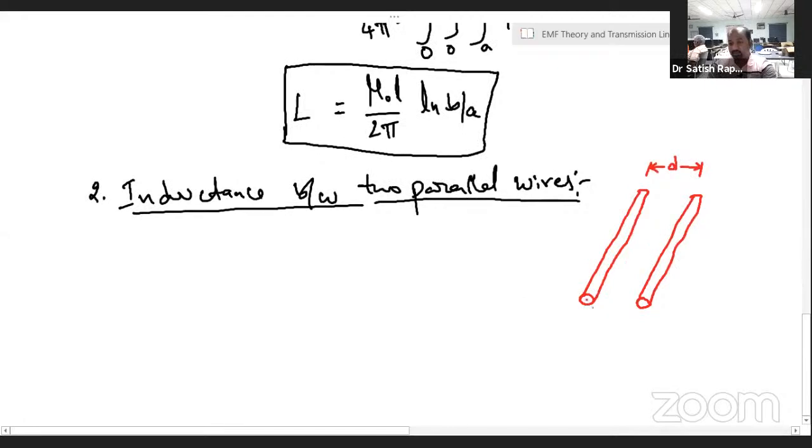This is the center, and the radius is a.